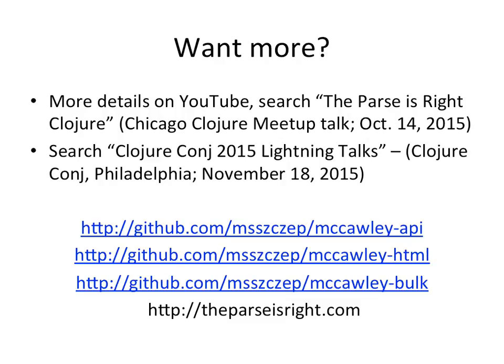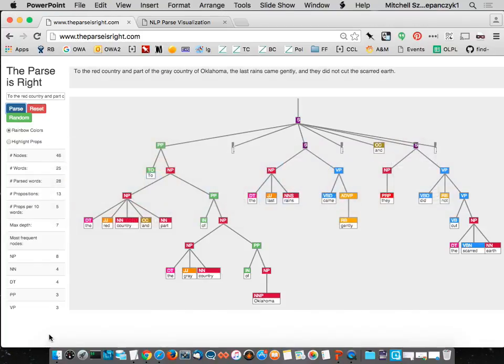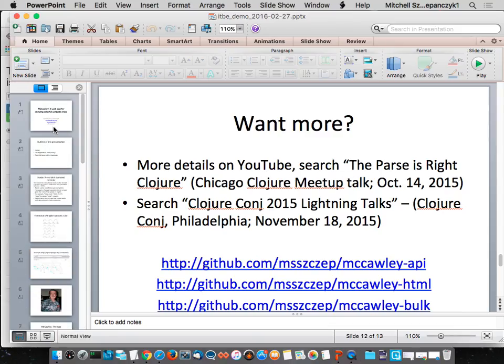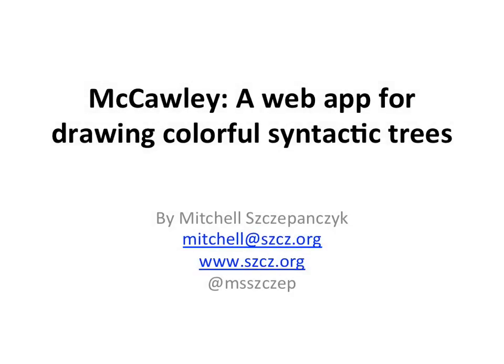Yes, other things? No? Yes, Charlie. If people have sentences that don't work, can they get in touch with you? That is a great question. Right here in my opening slide, I'll bring it up. Also listed in the ITBE catalog. So if you look at the presenters, all you have to do is spell my last name, Szczepańczyk. Just like it sounds. Actually, that's true.